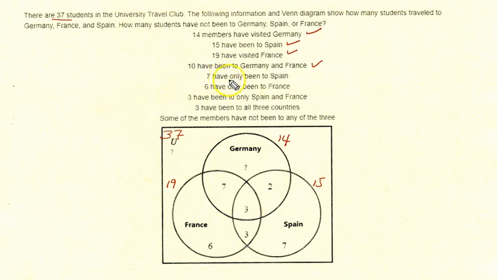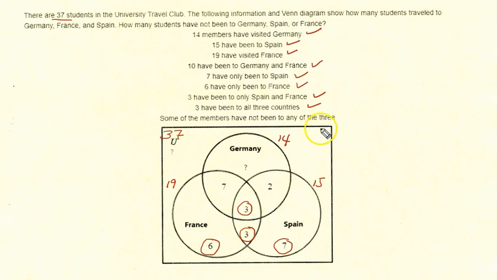7 have only been to Spain, so that's this down here, only to Spain. 6 have been only to France, and that's this 6 here. Check that off. 3 have been only to Spain and France. Spain and France, this 3 here. 3 have been to all 3 countries, and that's this one right there.